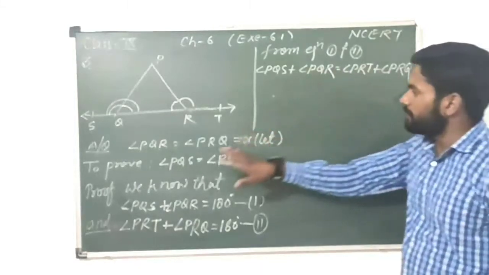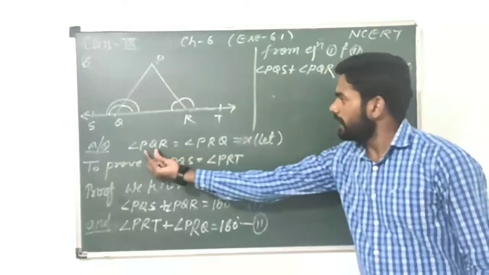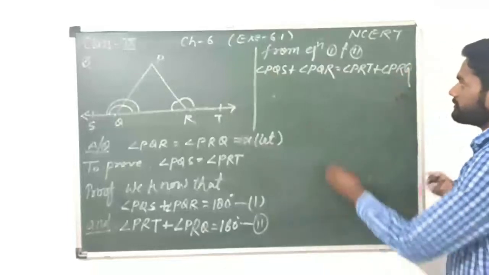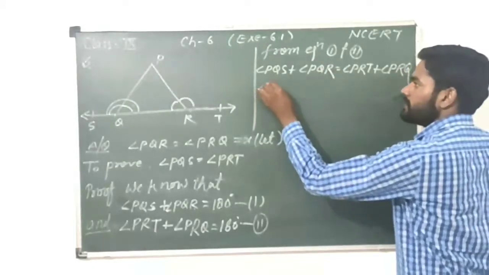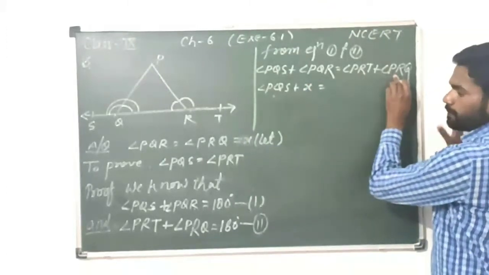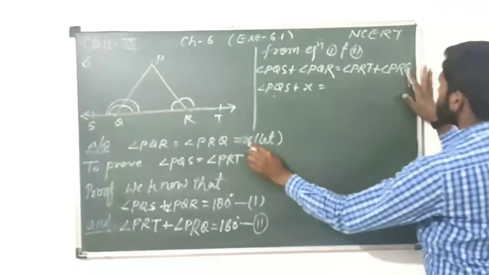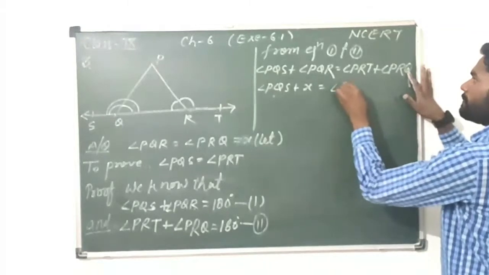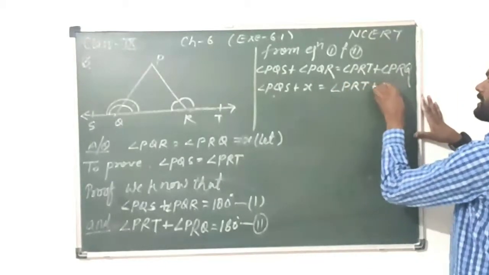And check from here, something we assumed, angle PQR is equal to x. Angle PQR is equal to x, and here PRQ is also x, is equal to angle PRT plus x.